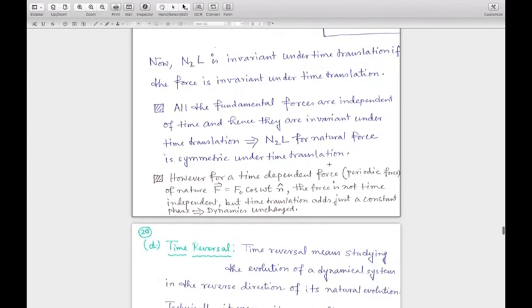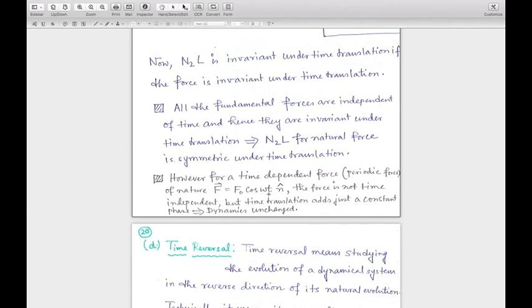Okay, but let's say we have a system where we create artificially a force which has an explicit time dependence, let's say a time dependent periodic force, given by F is equal to F0 cos omega t n cap. Then this force is not time independent, but for this specific one, if you do a constant translation in time, then this adds just a constant phase to the original forcing term, so that will maybe not change the dynamics.